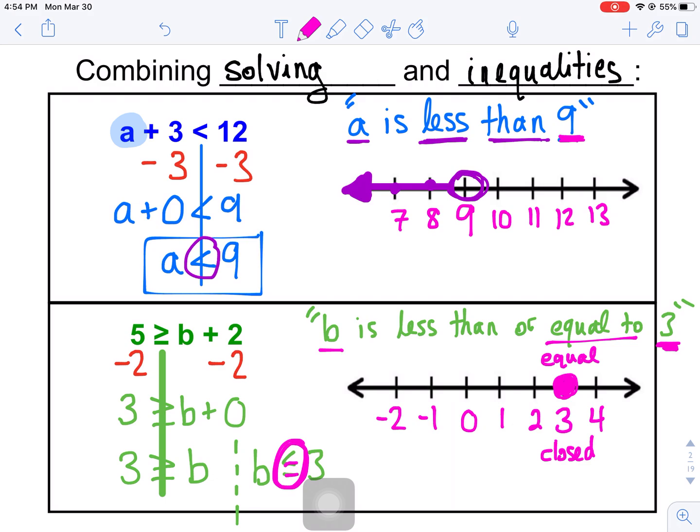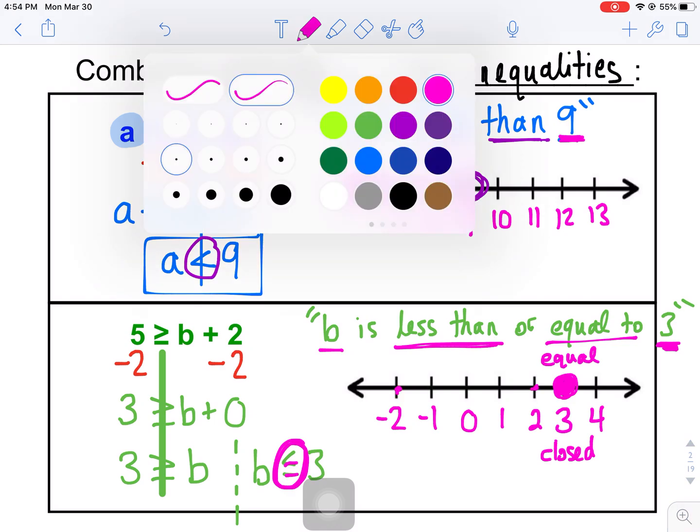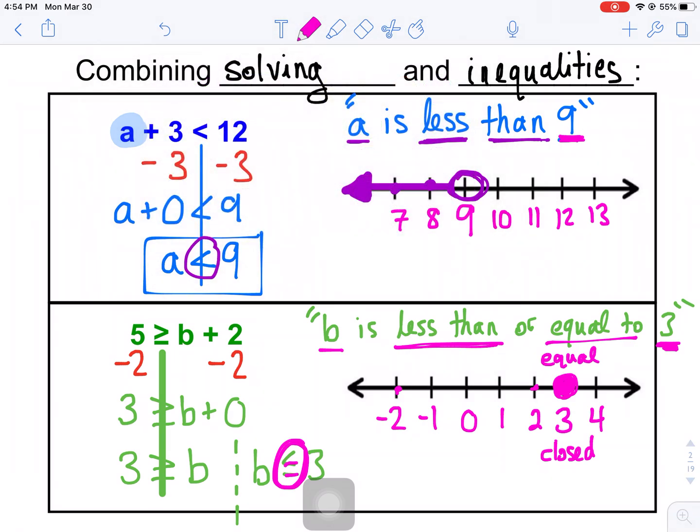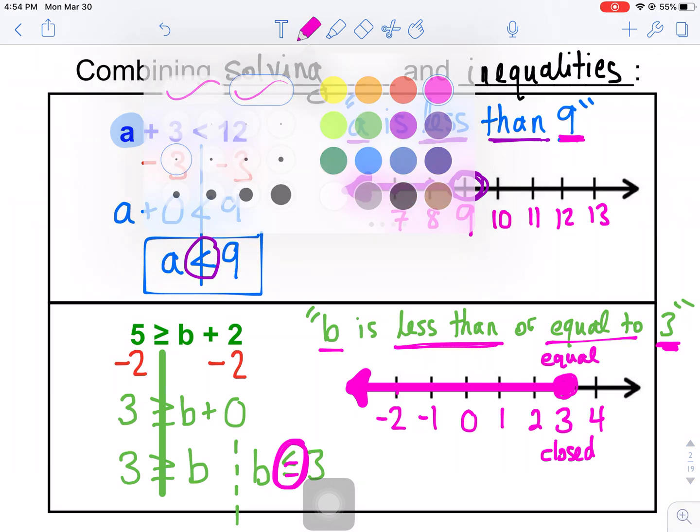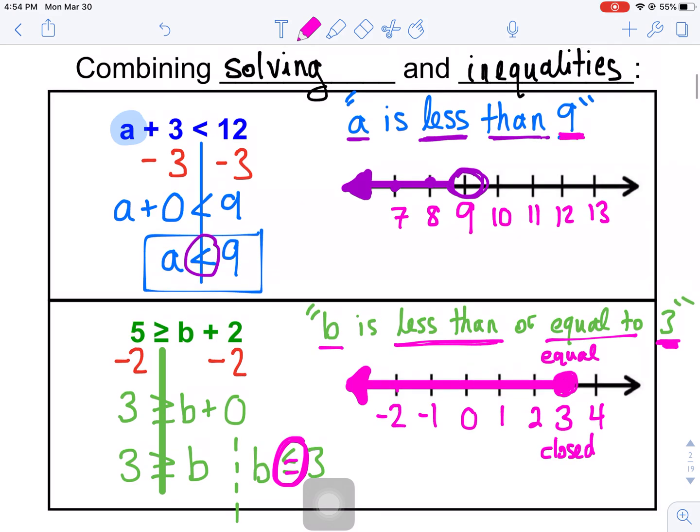We also know B can be less than 3. So that includes 2, negative 2, any number to the left is less than 3. So our solution is B is less than or equal to 3, and also what we see on our number line.